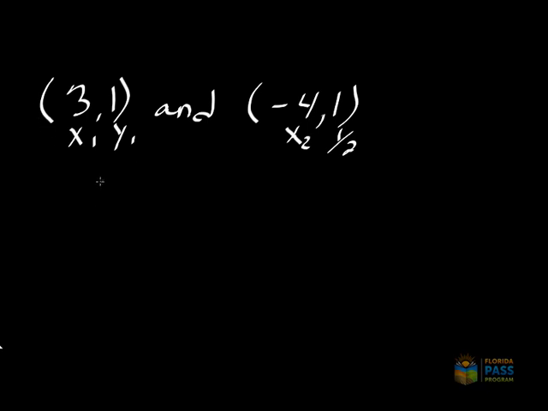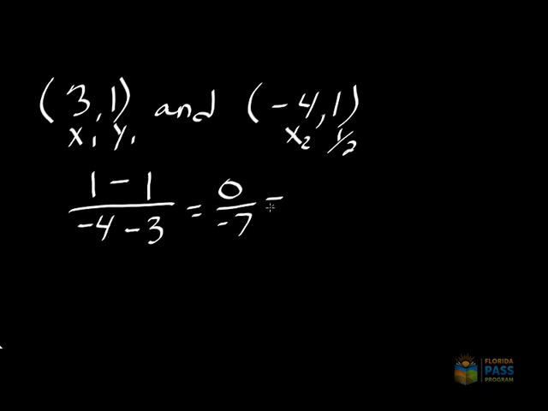So if you remember the formula, here you would have y2 minus y1 divided by x2 minus x1. 1 minus 1 is 0. -4 minus 3 is -7. So in your calculators, you would do 0 divided by -7, which is 0.